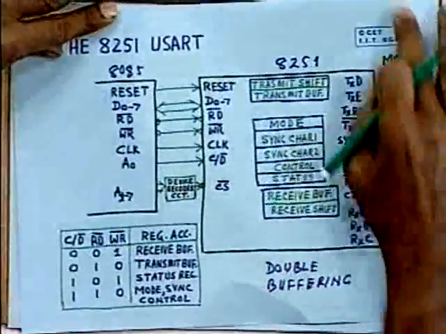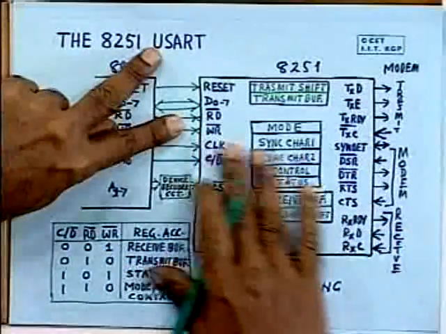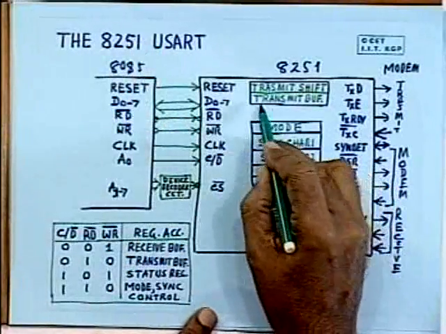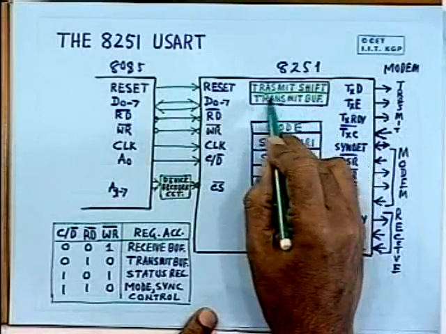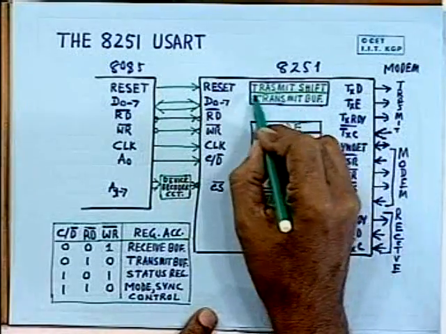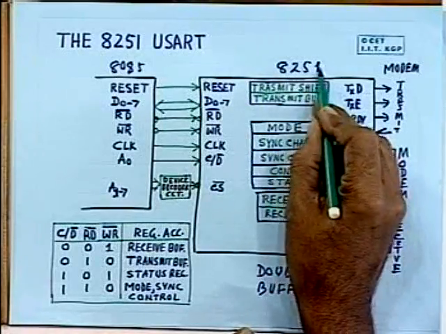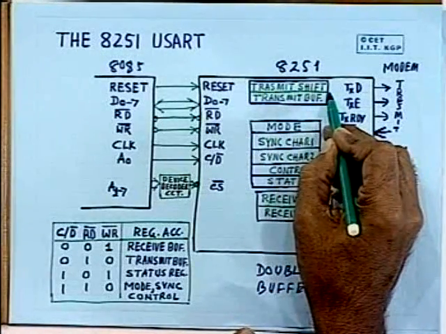For example, in this case, the 8253 is doing the clock generation, and similarly in case of the 8251, once you write the character into the transmit buffer, just 1 byte, this 8251 is a serial port, it will do the necessary framing.